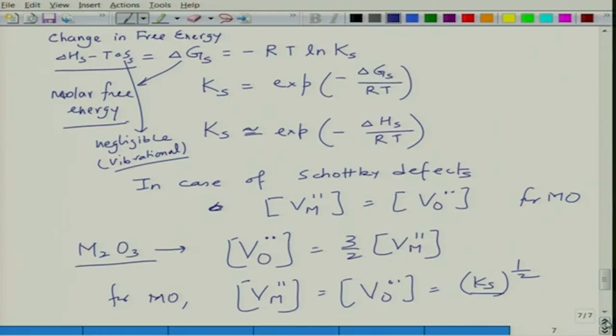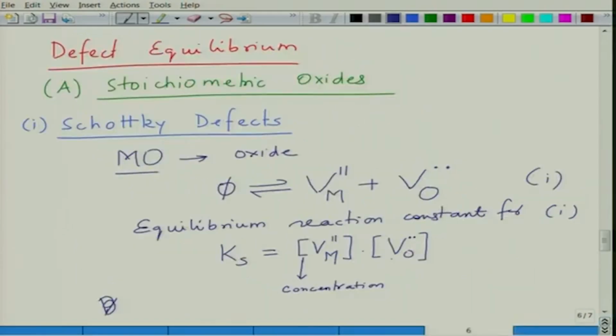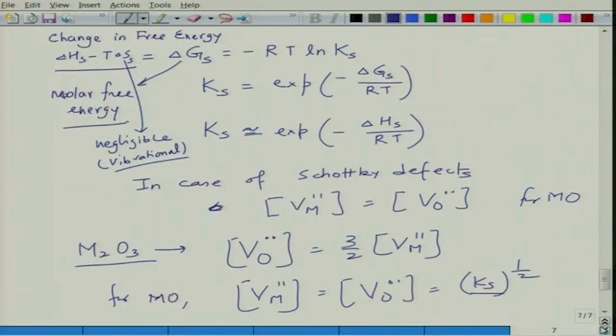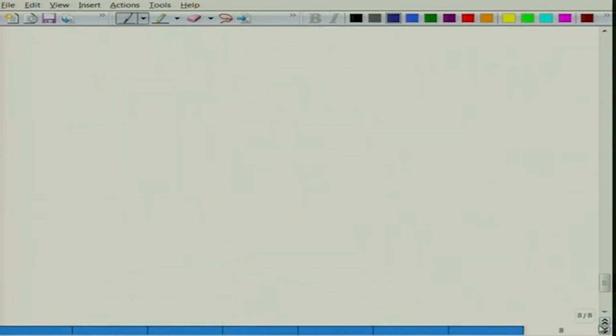That's right, because we say that Ks is equal to the product of these two. So, when you substitute one of them, it becomes Ks to the power half. So, then you can write Vo is equal to Vm, which is equal to Ks to the power half, and what was Ks?